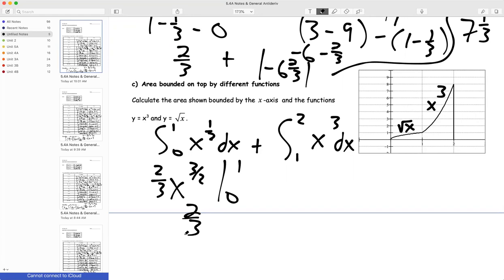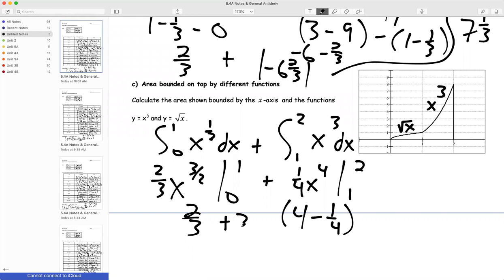And on this one, my antiderivative is 1/4 x to the 4th, evaluated from 1 to 2. So I'm going to plug in 2. 2 to the 4th is 16 divided by 4 is 4. And then I plug in 1, which gives me 1/4. So I have 4 minus 1/4. So I have 2/3 for the first part and then 3 3/4 for the second part.